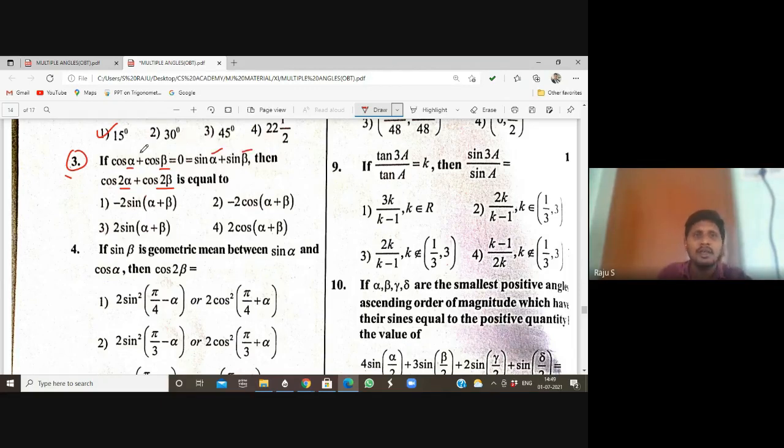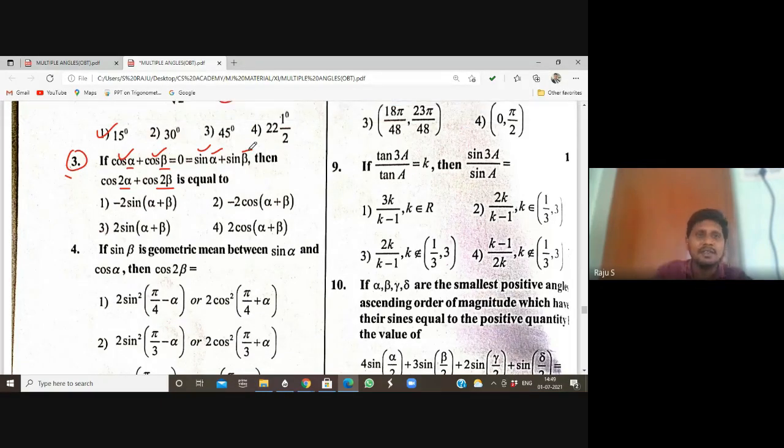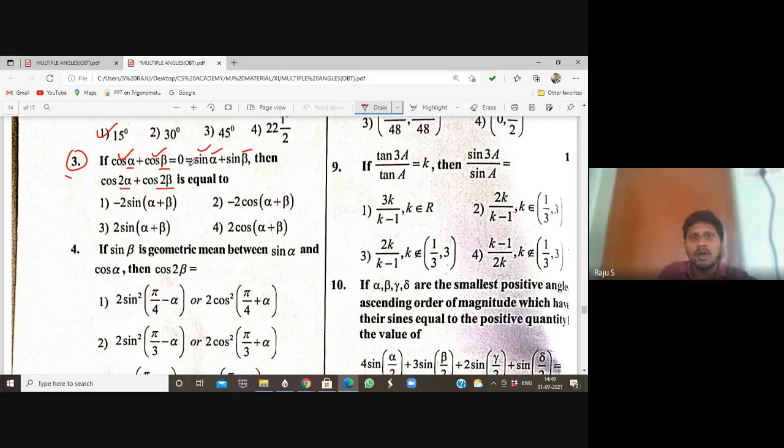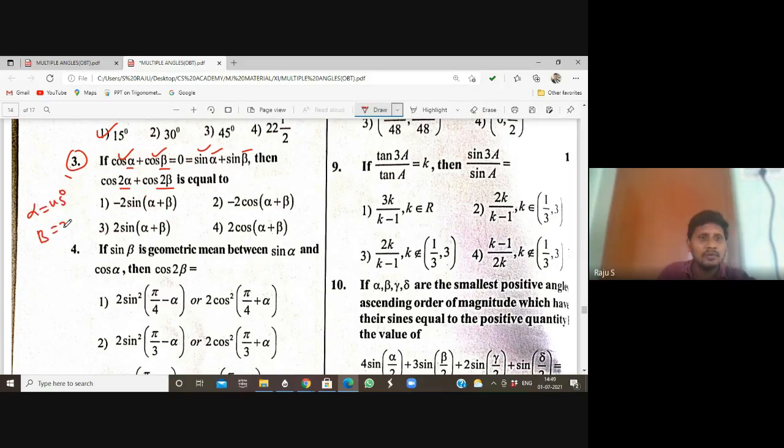So do one thing. One angle you can take in the first quadrant, so sin alpha is positive, cos alpha is positive. Beta you should take in the third quadrant, because sin is negative and cos will be negative. So shall I take alpha equal to 45 and beta equal to 225?